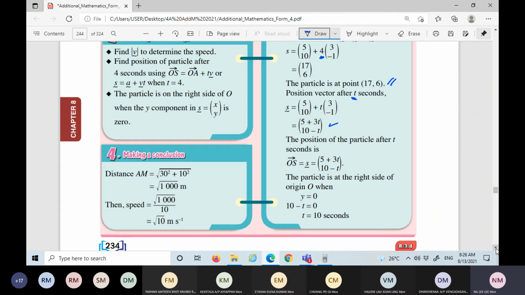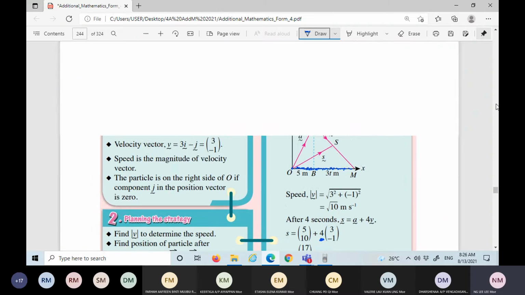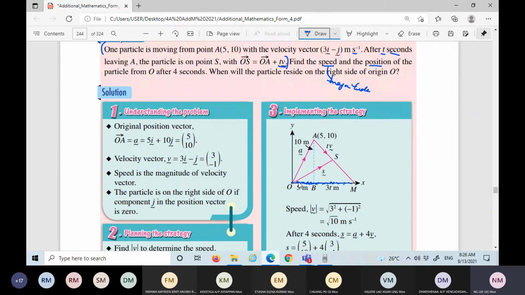After that, what's the meaning if the particle falls on just now that line? If fall at here, actually it means that the y coordinate is 0. Then the x can be any value.